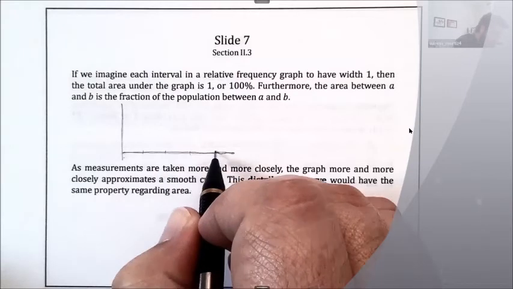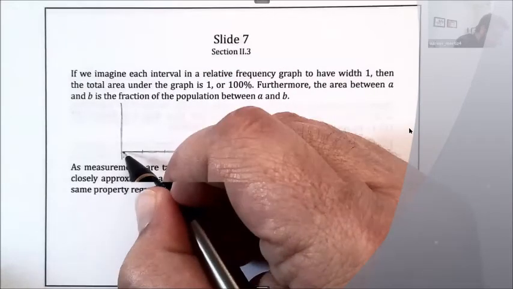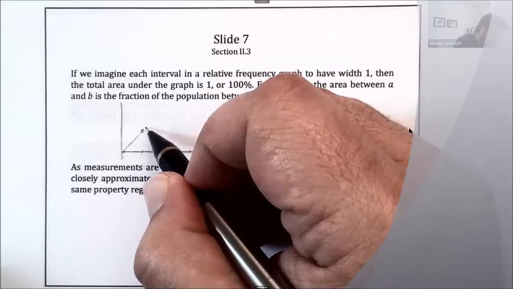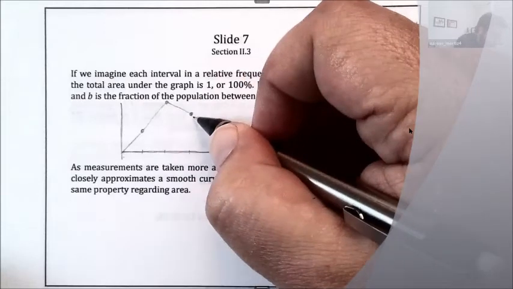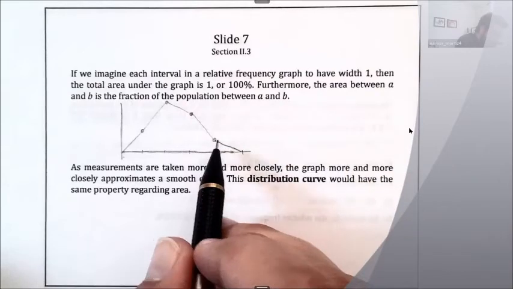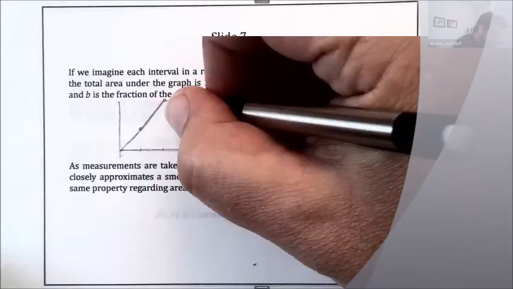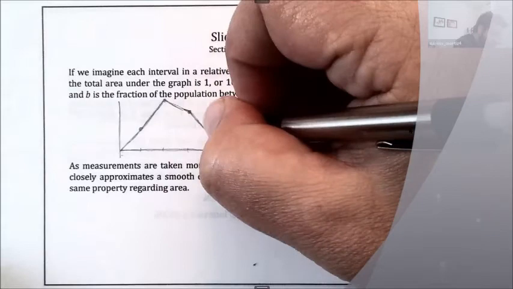Okay, I'll just make something up for the sake of drawing a picture. So the area underneath this relative frequency polygon is 1.